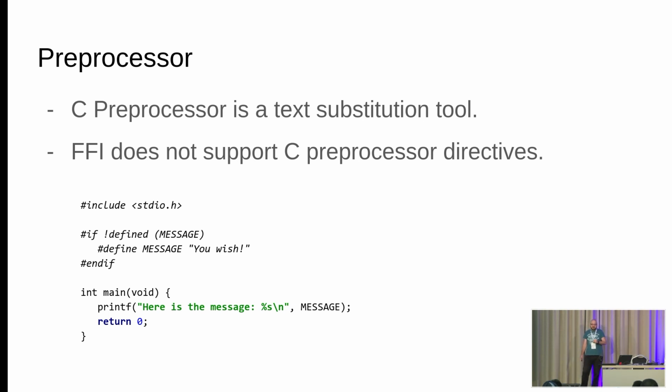It's a very powerful thing. The one note is that FFI does not support C Preprocessor directives, so if you actually want to use any header files, you must resolve these definitions by hand, or actually use a C compiler and let it resolve these definitions for you.